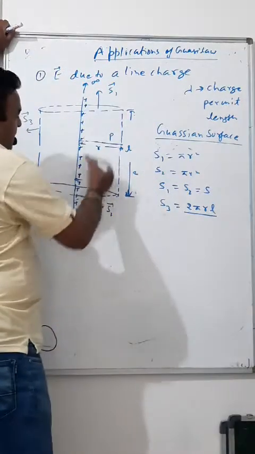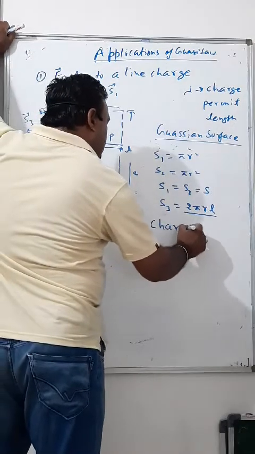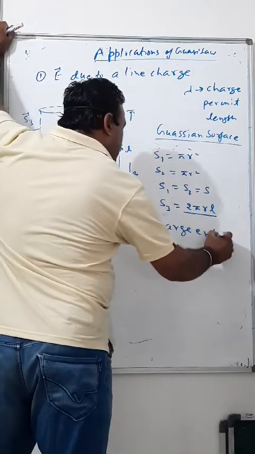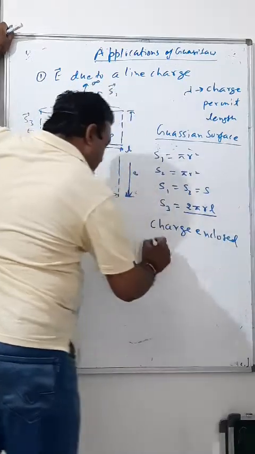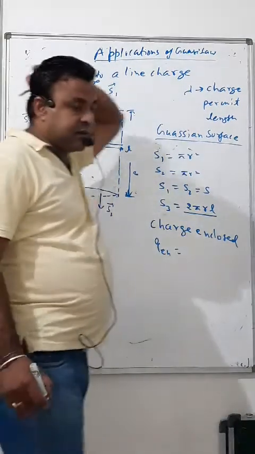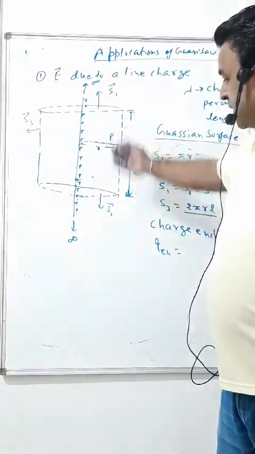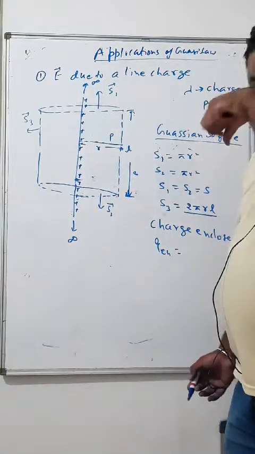Now, first of all, let's see the charge enclosed. Alright, Q enclosed. Look, charge per unit length is lambda. The length L is enclosed by this cylinder.